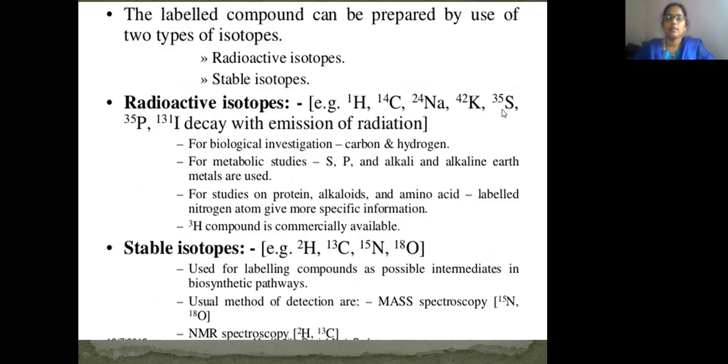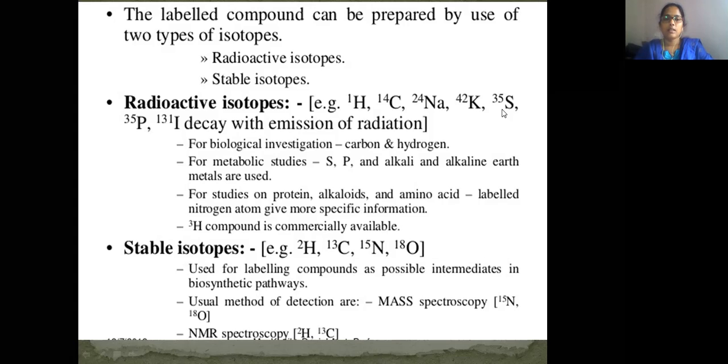Examples: hydrogen, carbon 14, sodium 24, potassium 42, sulfur 35, phosphorus 35 and iodine 131. All these are examples of radioactive isotopes. They emit radiations like alpha, beta and gamma radiations. Generally they are used for biological investigations.